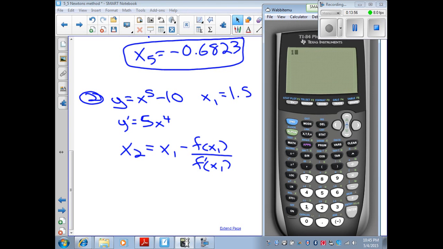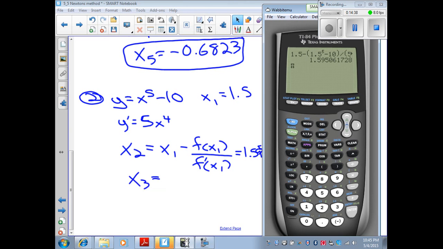So 1.5 minus, the first one takes the longest to type in, 1.5 to the power of 5 minus 10 divided by 5 times 1.5 to the power of 4. Gives me 1.595, roughly. Okay, and now we just do it again.